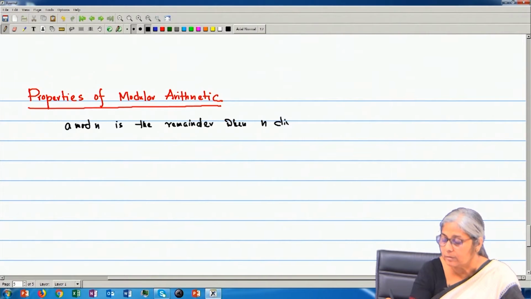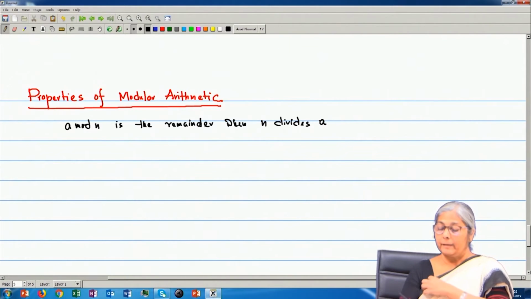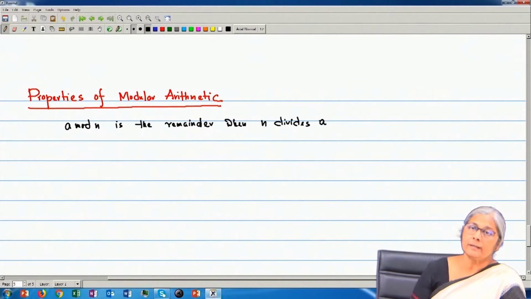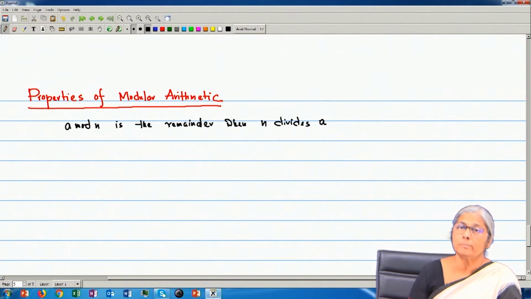If n is a positive integer and a is divided by n, then the remainder can be 0 to n minus 1.